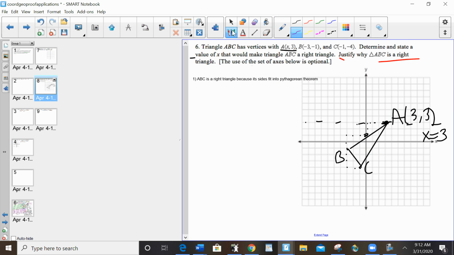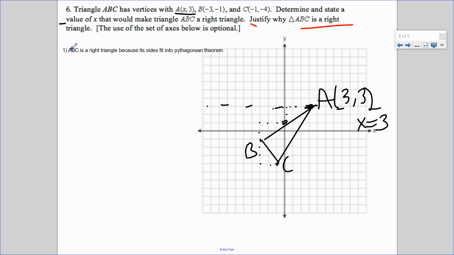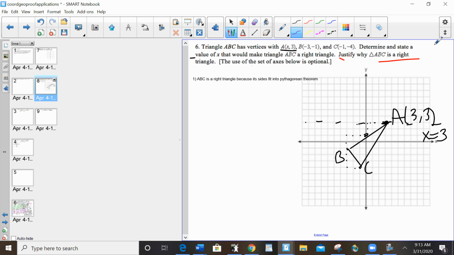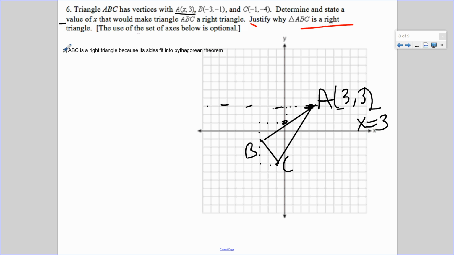I'm going to now calculate those distances. Distance AB, distance BC, distance AC.